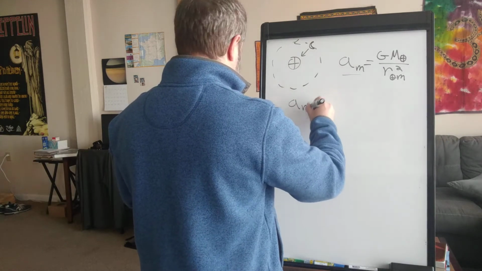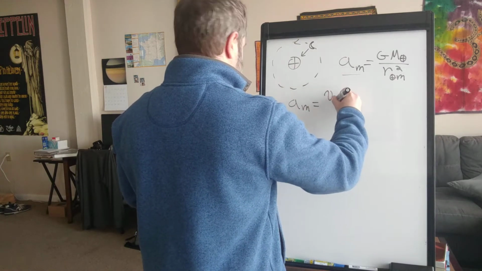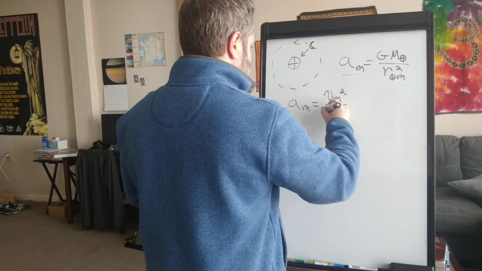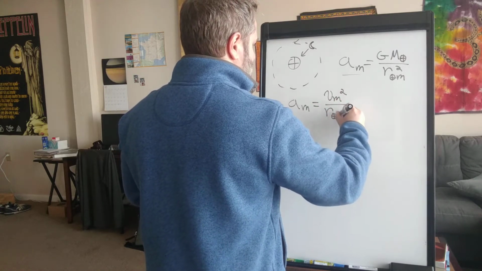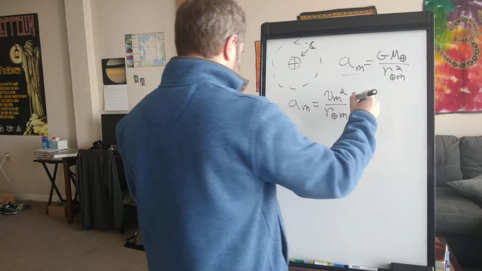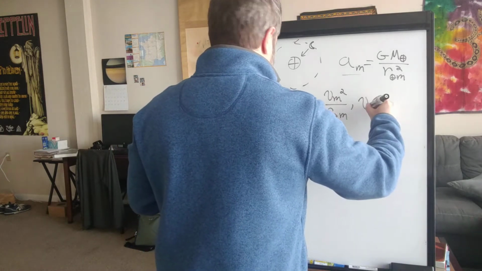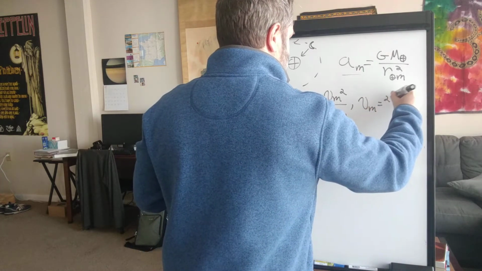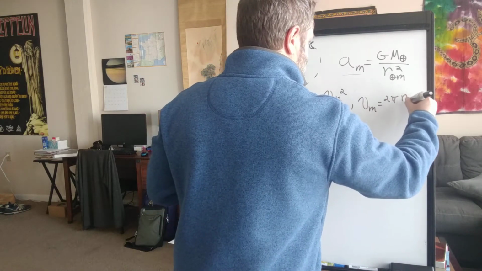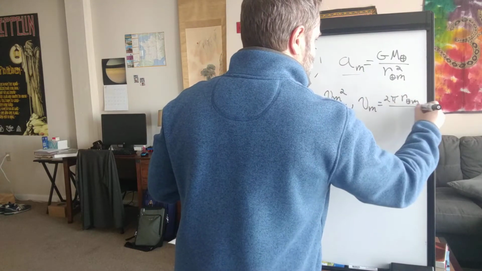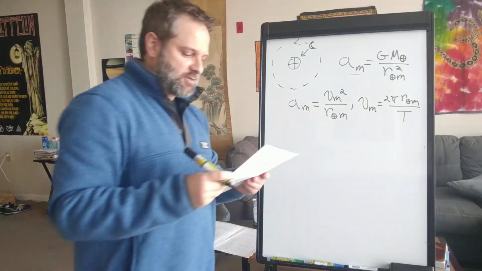So a_m equals v_m squared over r Earth-moon. And we know also that velocity is 2 pi r over the period, capital T.